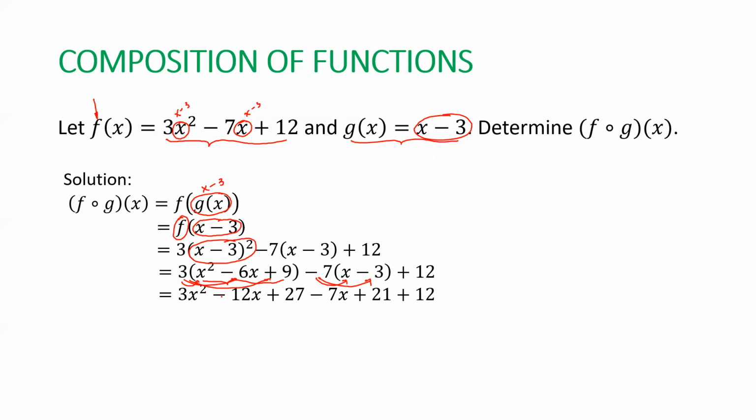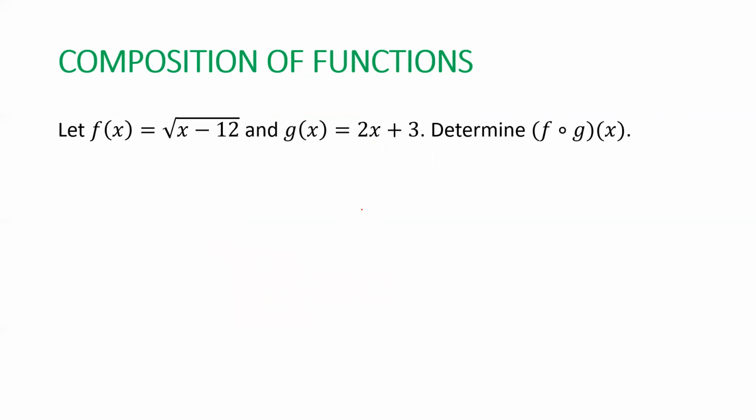So it's 3x squared minus 12x plus 27 minus 7x, and then plus 21 plus 12. And then combining similar terms here, we get 3x squared, and then negative 12x minus 7x is negative 19x. 27 plus 21 plus 12 is equal to 60. So this is f circle g of x.